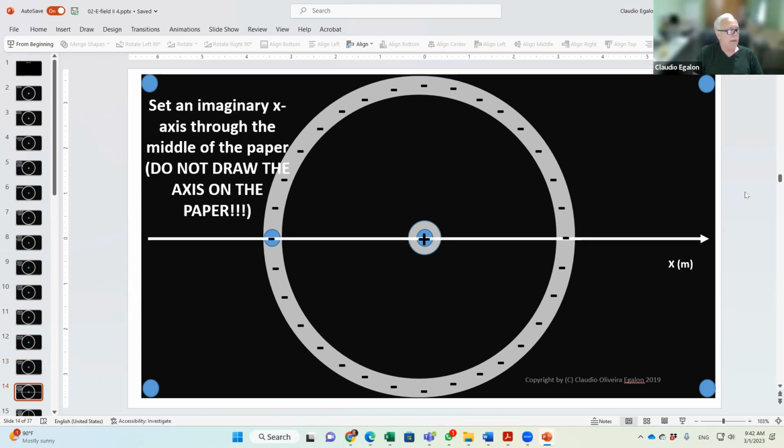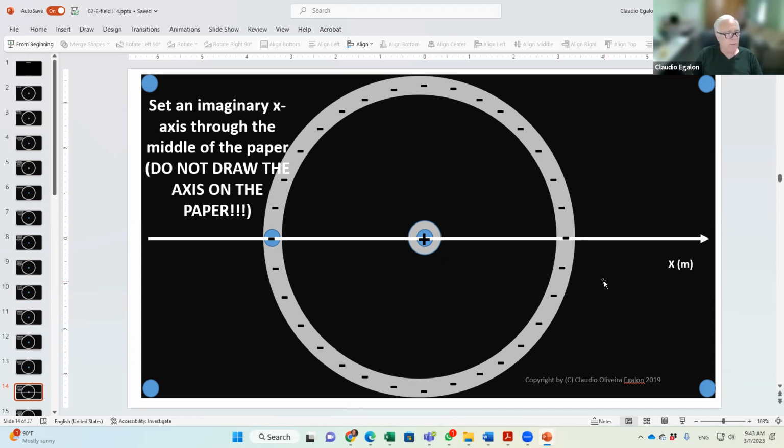We set an imaginary x-axis through the middle of the paper. It's going to be our x-axis, and we need a coordinate axis, x and y. Keep in mind that this geometry is a little bit more difficult than the other one. This one is going to have circular symmetry.